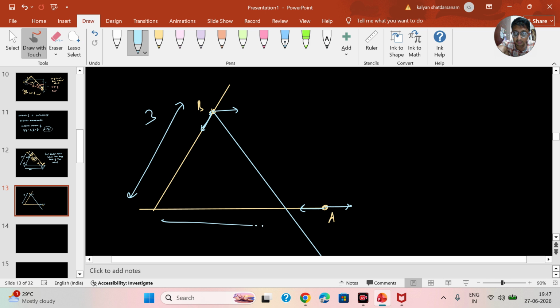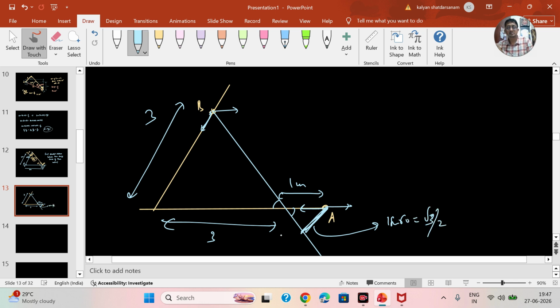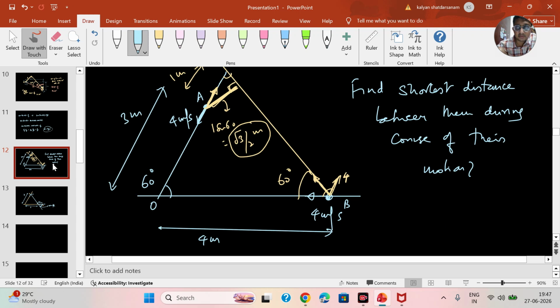OA was 4, but this is 3. So this is 1. Let me draw it above. This is 1, and this is the perpendicular distance. This is 60. So the perpendicular distance is 1 sine 60, root 3 by 2. So root 3 by 2 meters is the shortest distance. Some geometry is there definitely, an equilateral triangle, but this is the fastest method.